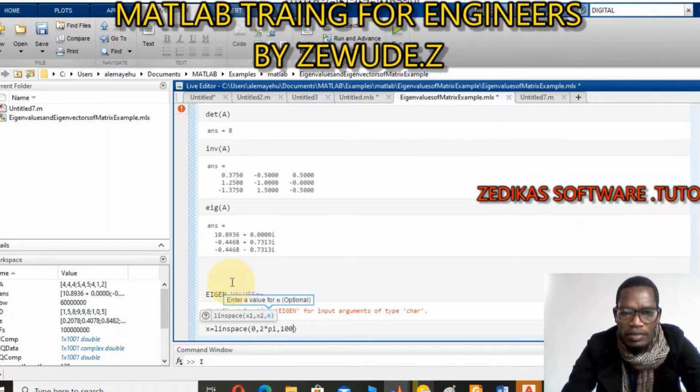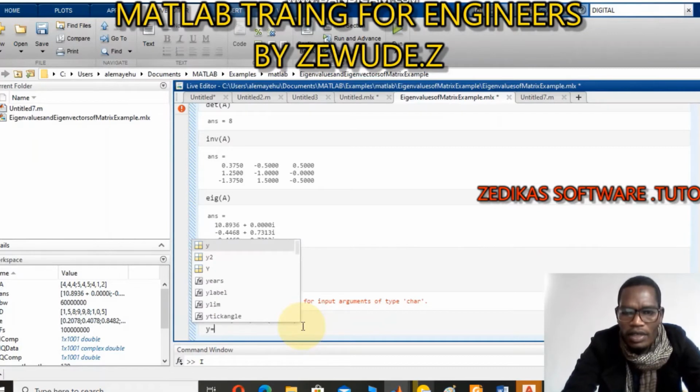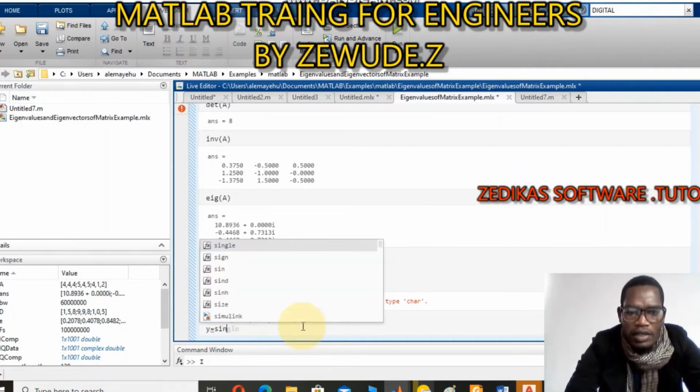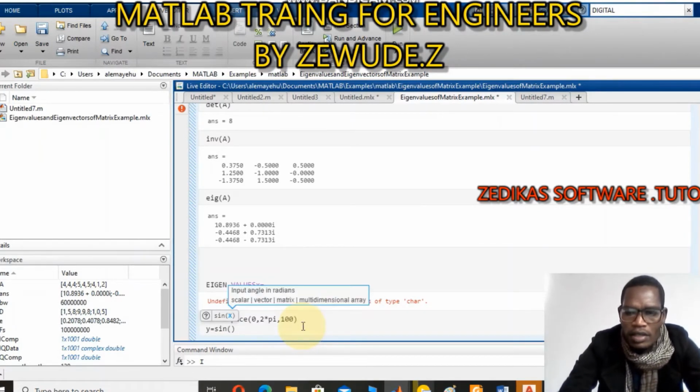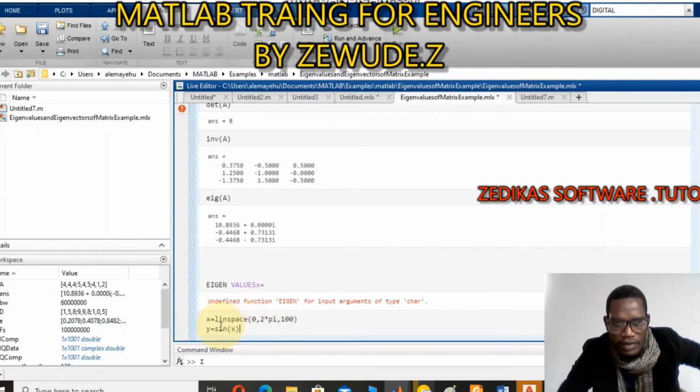This is my algorithm. The second one, my y graph: y is equivalent to sin x. So here my x graph is a linspace of this, and my y.